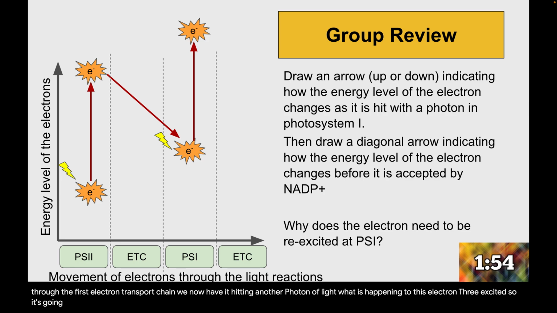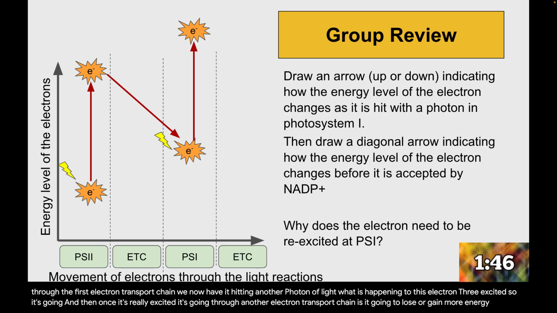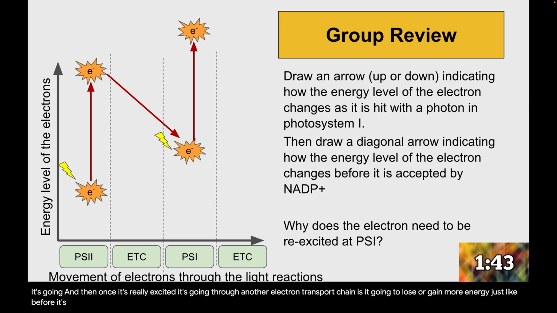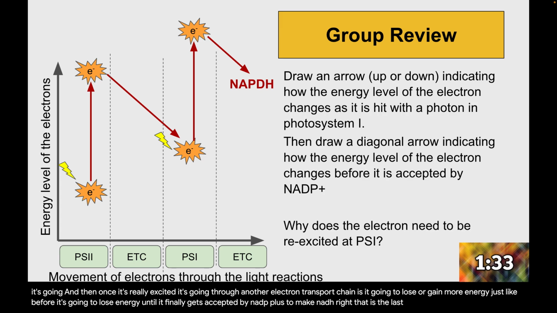And then once it's re-excited, it's going through another electron transport chain. Is it going to lose or gain more energy? Just like before, it's going to lose energy until it finally gets accepted by NADP+ to make NADPH. That is the last step. All right.